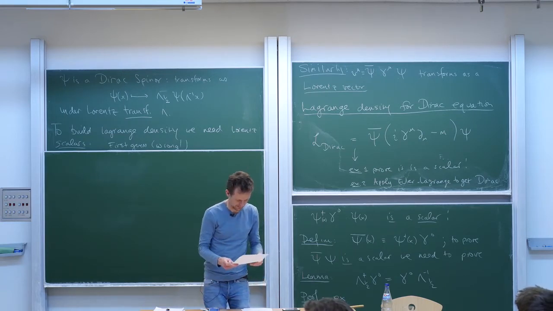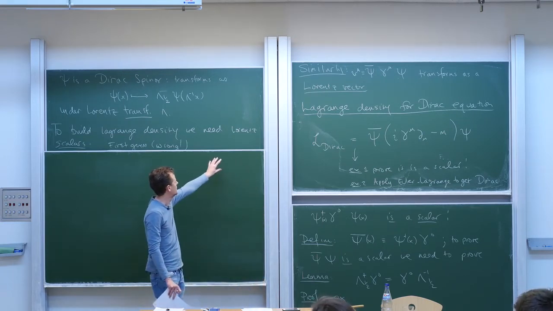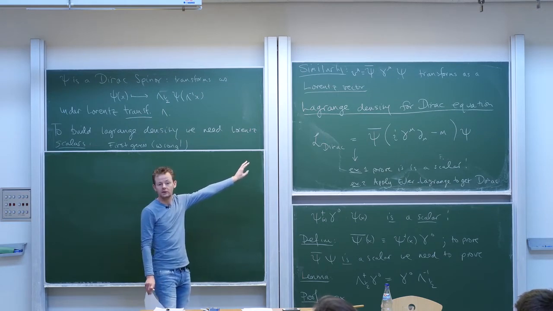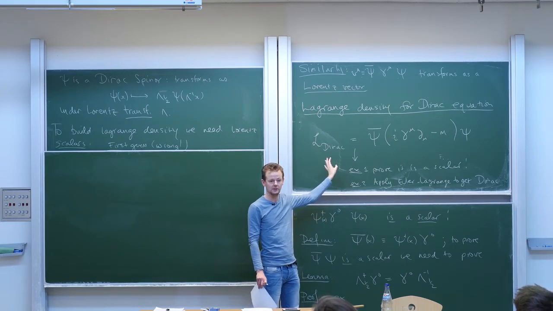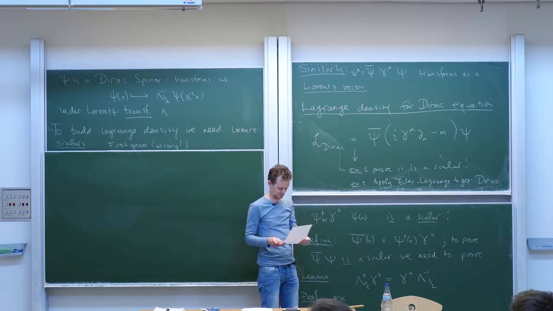So in the next part of the lecture, we're going to analyze a little bit the properties of the Dirac equation in the zero mass limit. And then we'll get to the Hamiltonian. Am I going to do the Hamiltonian?